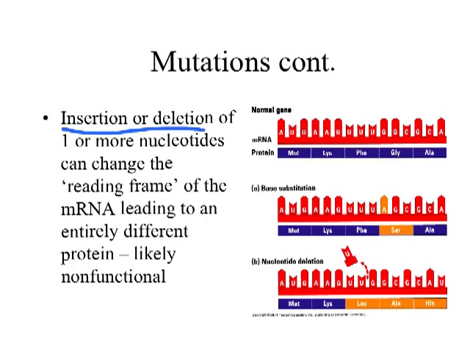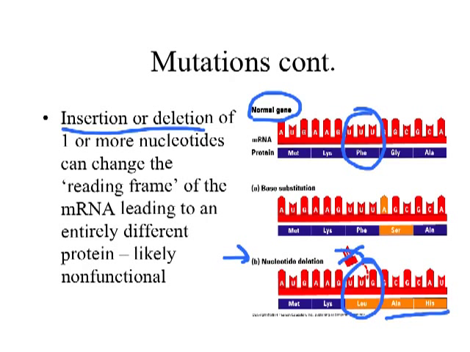So if this were the normal gene up here, we've got a base deletion. For some reason, this U was deleted from the sequence. Now, instead of UUU, which is phenylalanine, we get UUG, which is leucine, a completely different amino acid, and it also changes all the rest of the amino acids because it shifts the reading frame, right?